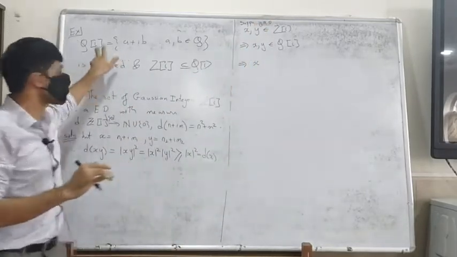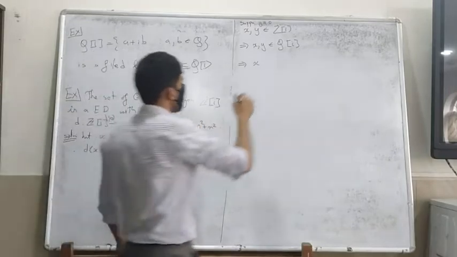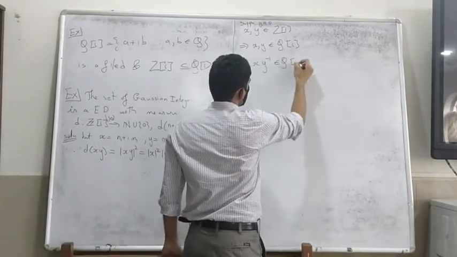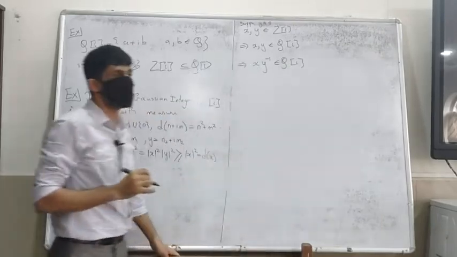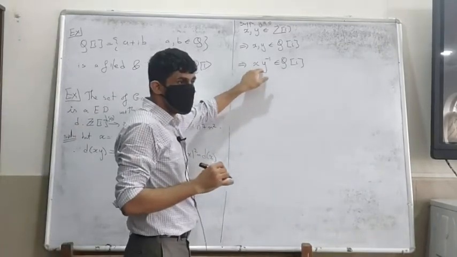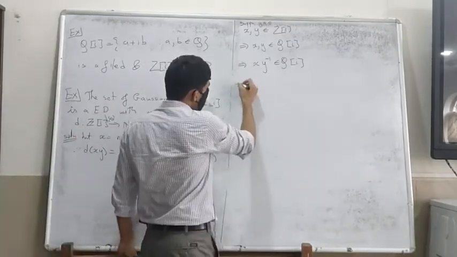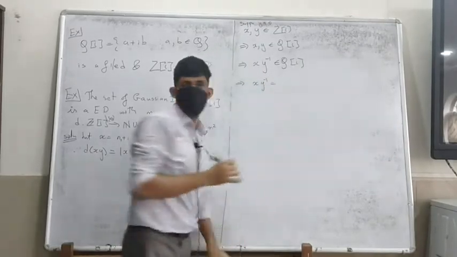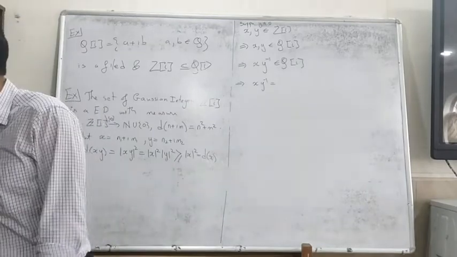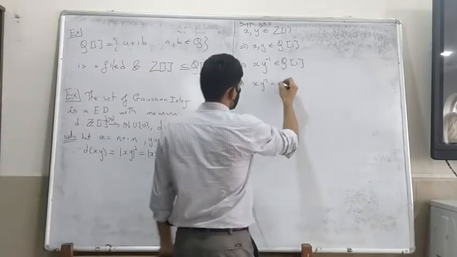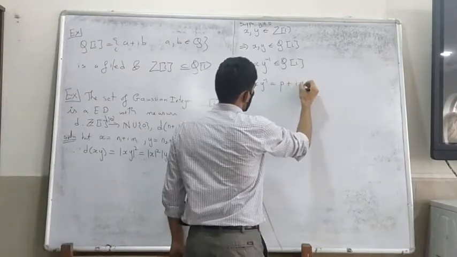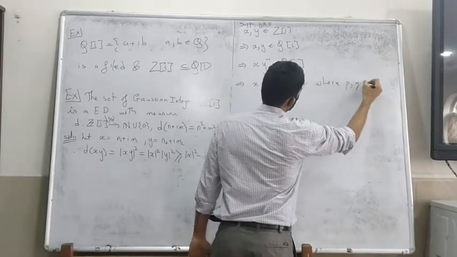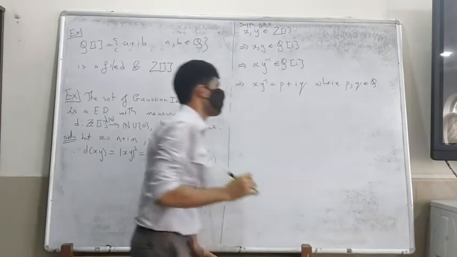That's the advantage. This is a field. So x times y inverse is now in Q[i], and since this is in Q[i], I can write this out as some p plus iq, where p and q are both rational numbers.